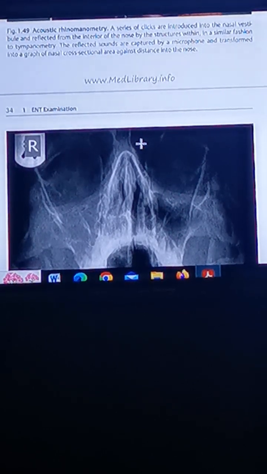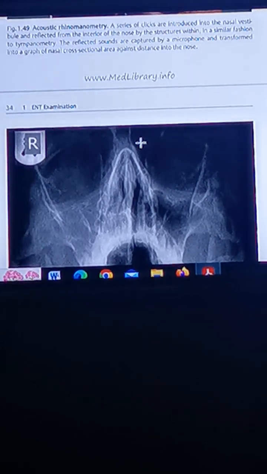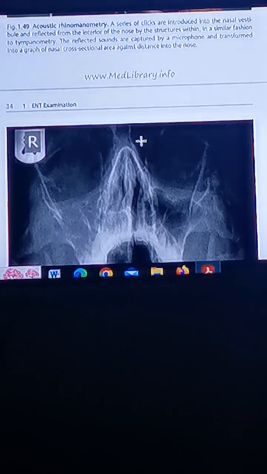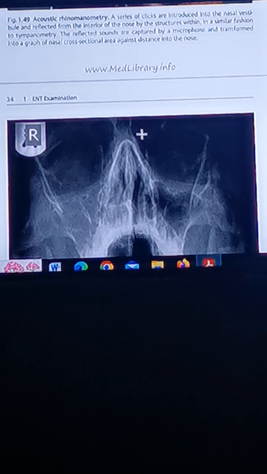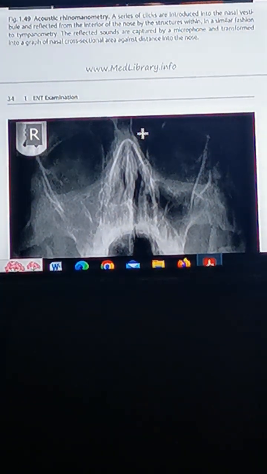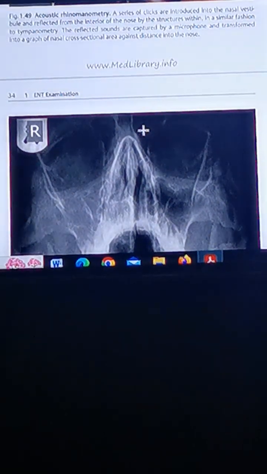You should keep in mind that the frontal air sinuses develop after 6 or 7 years. If a child is 4 years old and you take an X-ray and find a frontal sinus, it is not agenesis; it is not developed yet, and it will develop after that age.